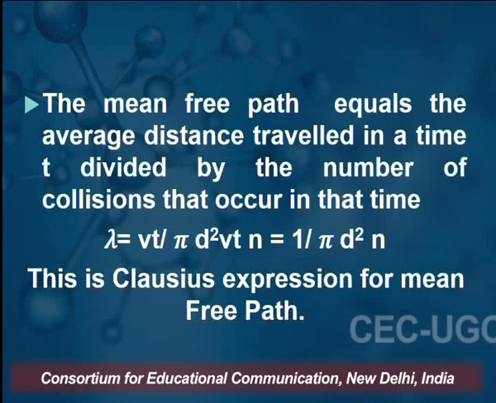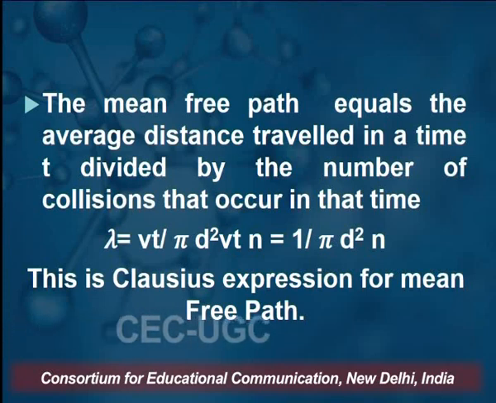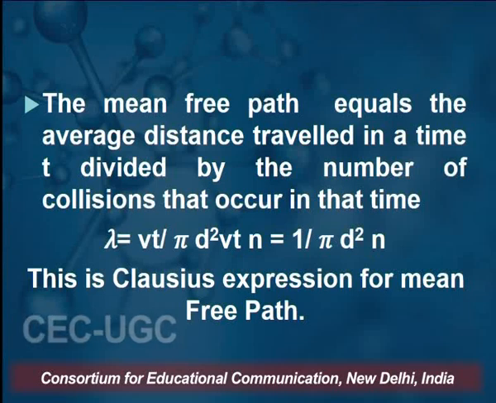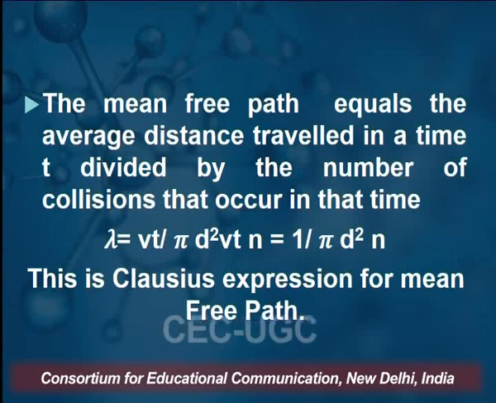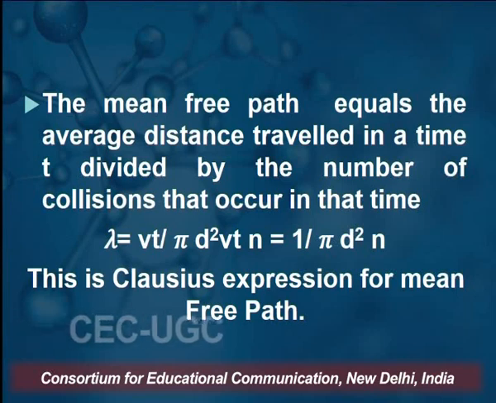So, to find lambda, we should divide distance travelled vt by pi d square vt into n, that is the number of collisions. Simplifying the expression, we get lambda is equal to 1 by pi d square n. This is the Clausius expression for mean free path.